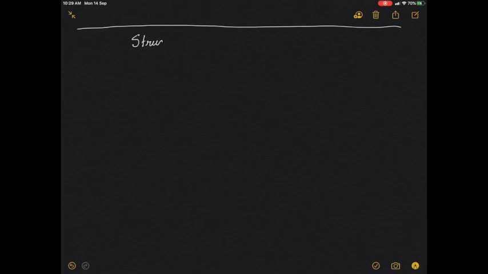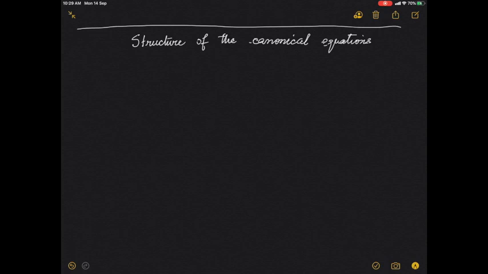Now, if I look at the structure of Hamilton's equations, or these are also called canonical equations of motion, so what are the structures?